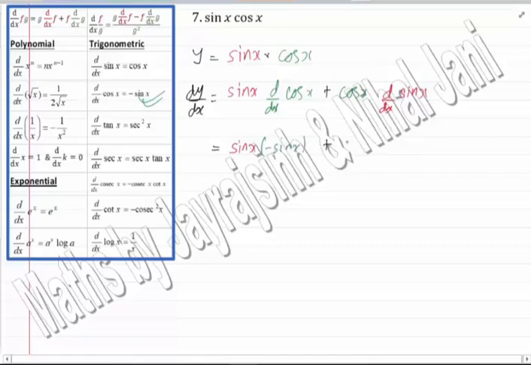And in the second term, cos x is as it is, differentiation of sin x is cos x. So we can say the first term is minus sin square x plus cos square x. Let me rearrange the terms so you can remember the proper formula. Cos square x minus sin square x is basically cos 2x, right? So tada! We complete our question number 7.